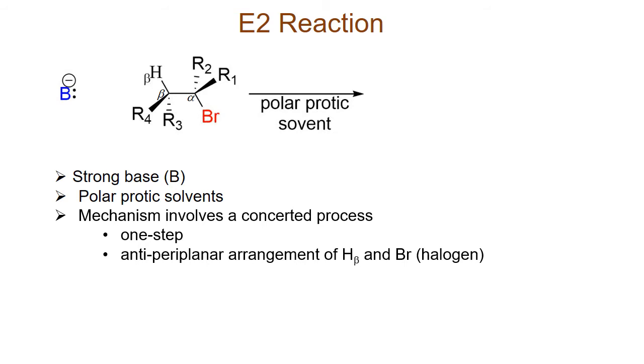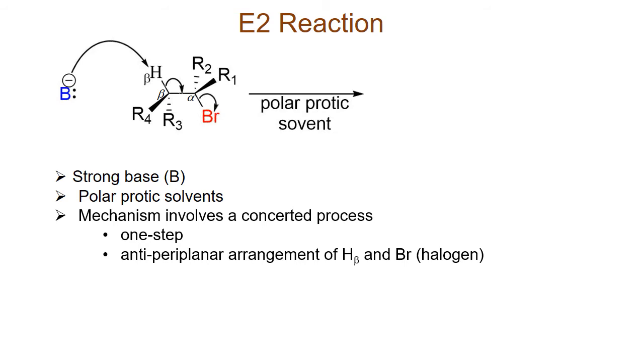So what happens in the transition state based on mechanism is the base abstracts the beta hydrogen, and simultaneously the electrons in the sigma bond between the beta carbon and the beta hydrogen drop into the space between the alpha carbon and the beta carbon, and this pushes out the leaving group as a halide ion.